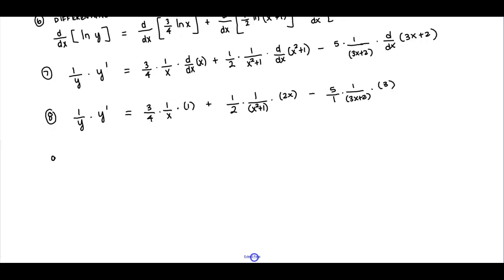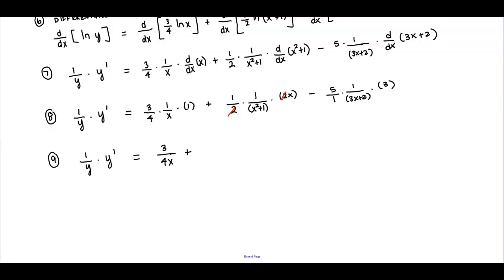And now let's write these on the right side. So we have 3 in the numerator, so this is 3 over 4x, plus, if we take a look at this 2 before we multiply, we can simplify the 2.